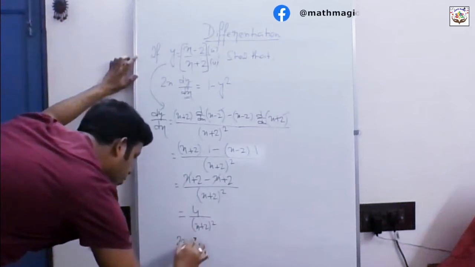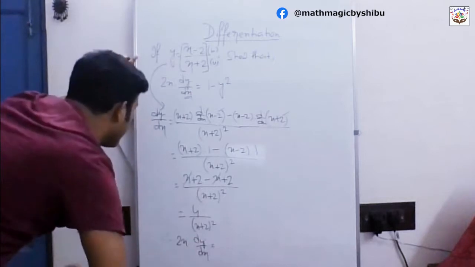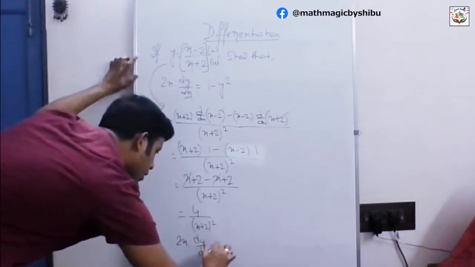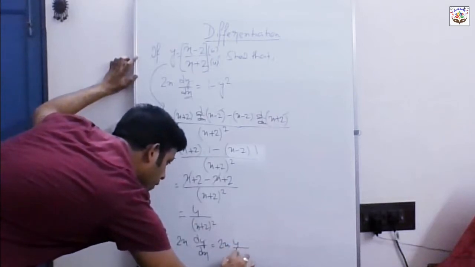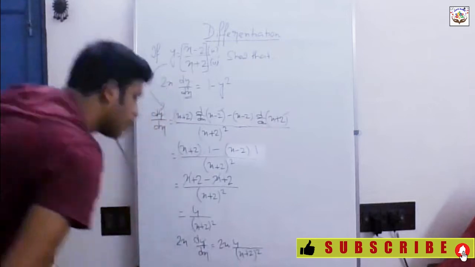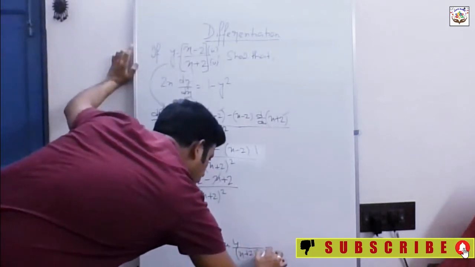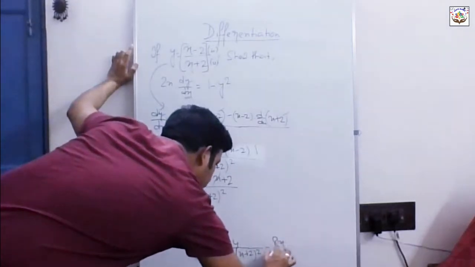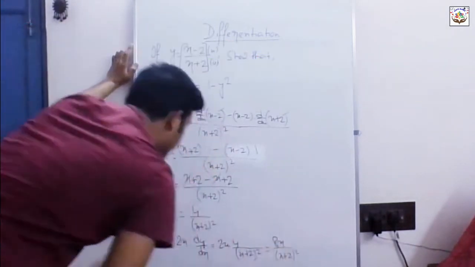Now, let us multiply 2x with the dy/dx. So 2x into dy/dx will be equal to 2x into 4 divided by x plus 2 whole square. So it is coming as 8x divided by x plus 2 whole square.